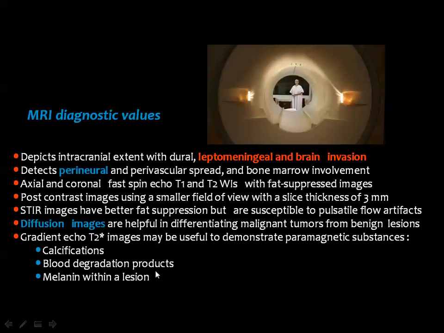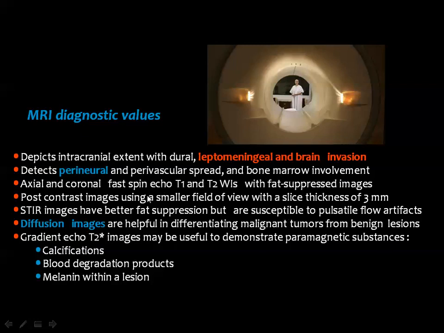Then MRI is very important in evaluation of dural and leptomeningeal invasion by skull base tumors and also the intracranial extension of these tumors. One of the main values of MRI is to evaluate the extension of the tumor along the nerve roots, perineural, perivascular spread, as well as evaluation of bone marrow involvement.